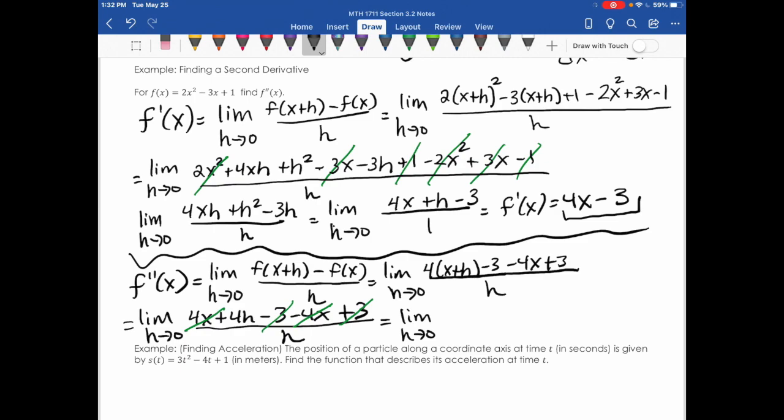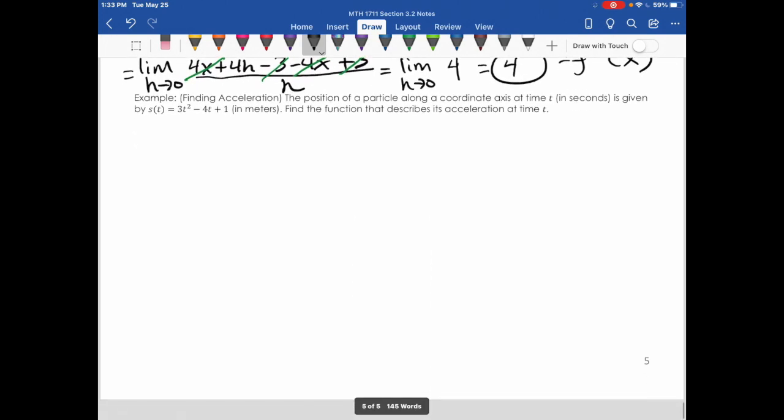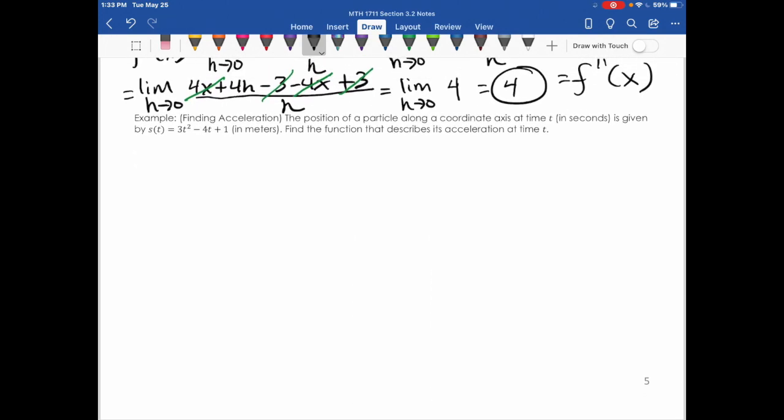The 3 and the negative 3 disappear. So now I'm left with 4h over h, which is just 4. And so this is one of our basic limit laws. If I take the limit of a constant function, I'm just going to get 4. So this is the derivative of the derivative. This is the second derivative. It's not hard, it's just long and messy.